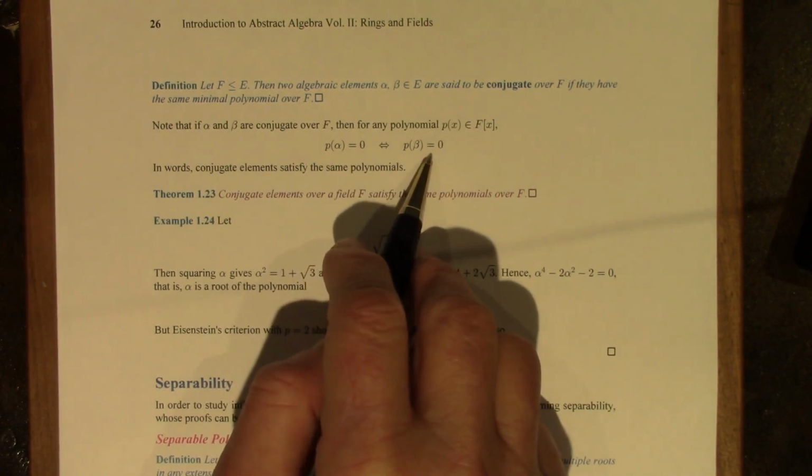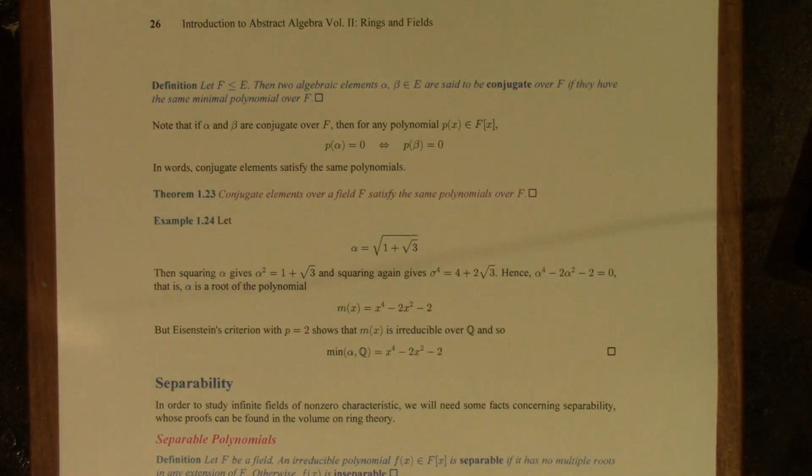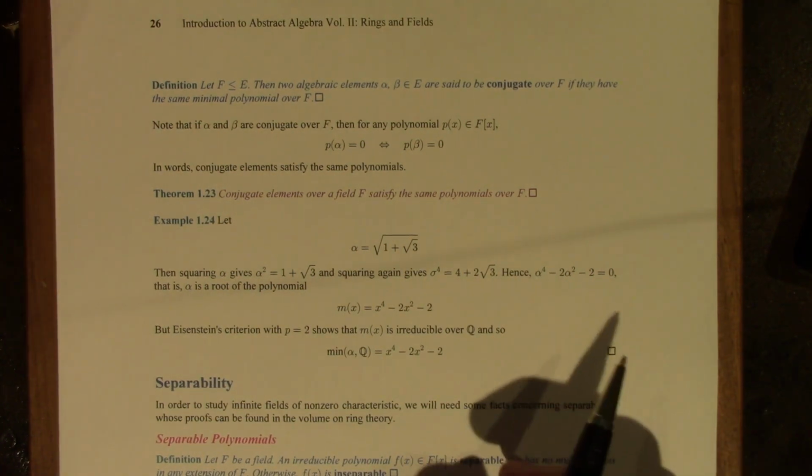In other words, conjugate elements satisfy the same polynomials. They have the same minimal polynomial, so they satisfy the same polynomials. I would urge you to produce a one-sentence or two-sentence proof of that.